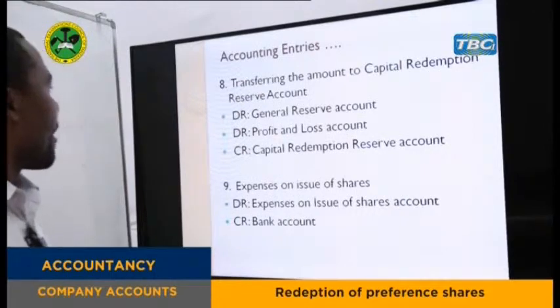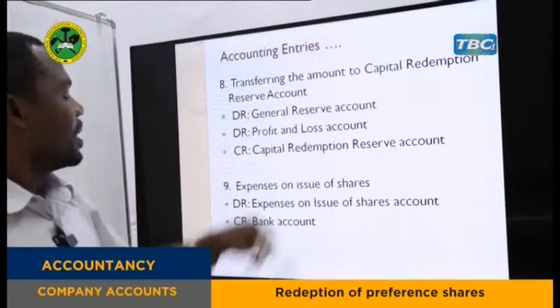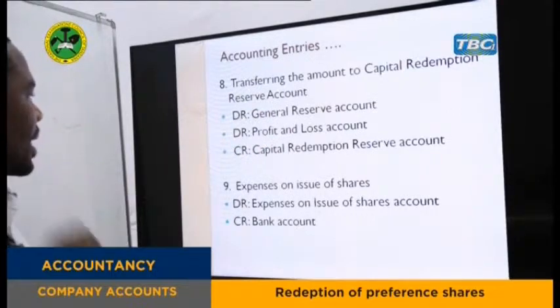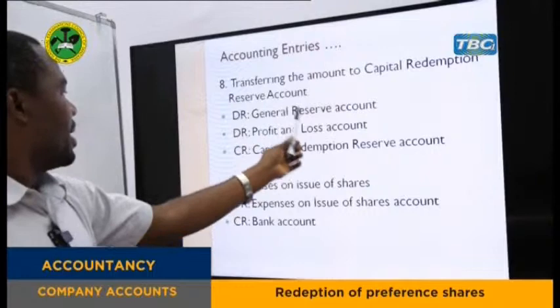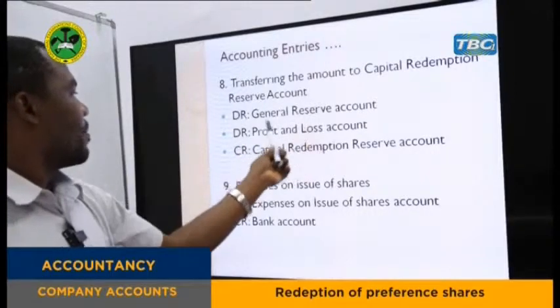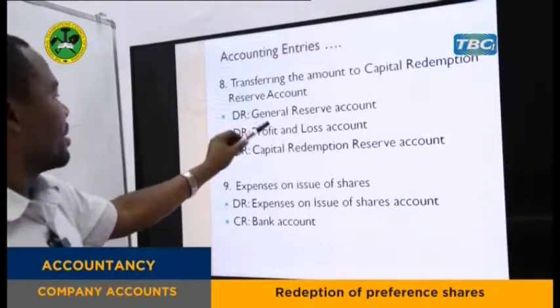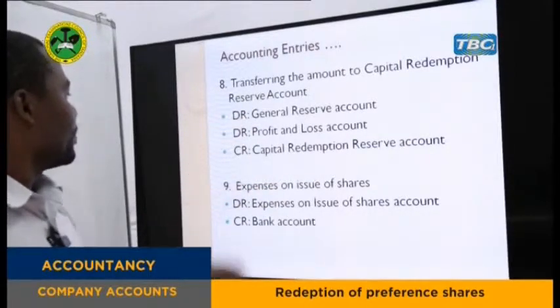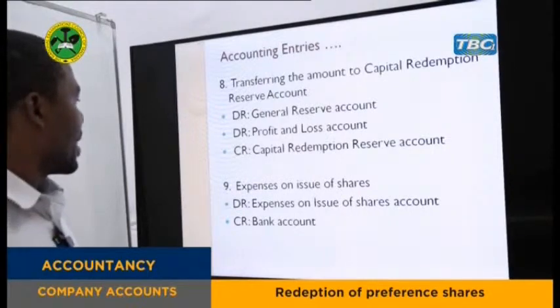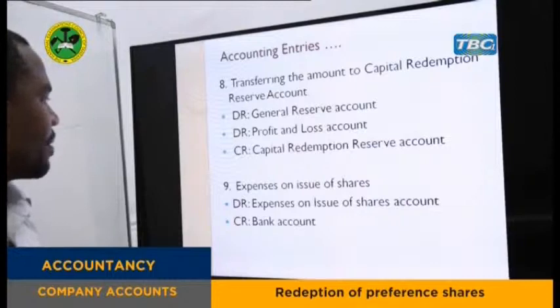For transferring the amount of capital redemption to reserve account, that is CRR, of course, the sources may be general reserve or profit and loss account. So we debit either one of them. If you are using general reserve or profit and loss, then it will be credited to capital redemption reserve account.